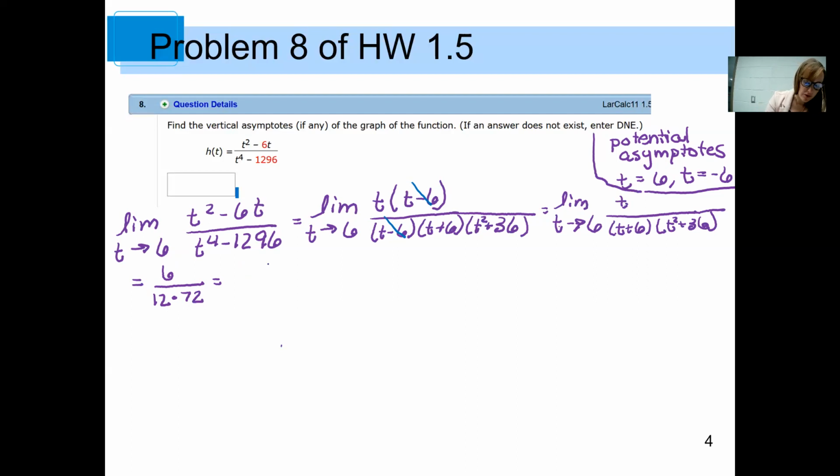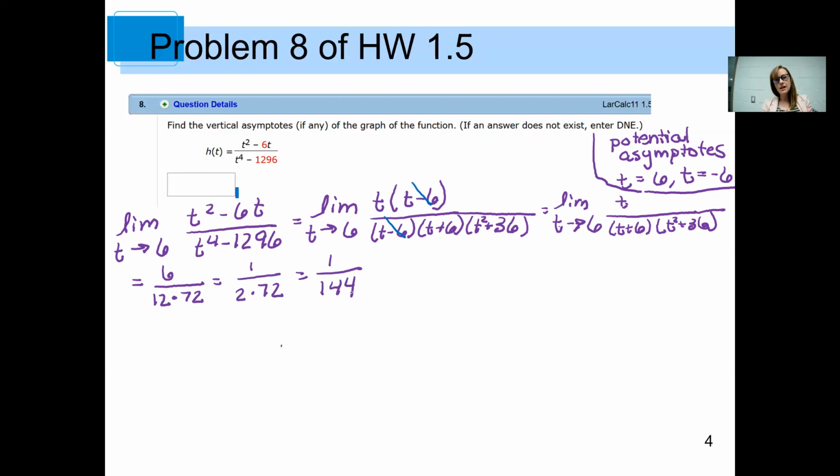If we leave it factored, it reduces a little bit faster. We end up having a common factor in the numerator and denominator of 6. So I have really 2 times 72, or 1 over 2 times 72. 2 times 70 is 140, and then 2 times 2 is 4, so we get 1 over 144.